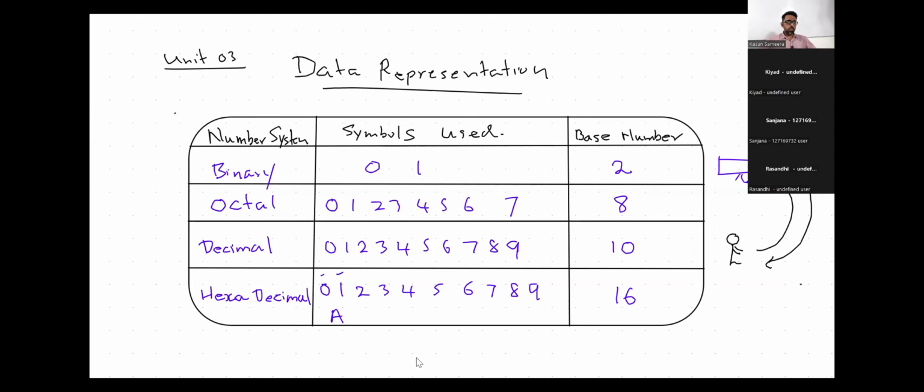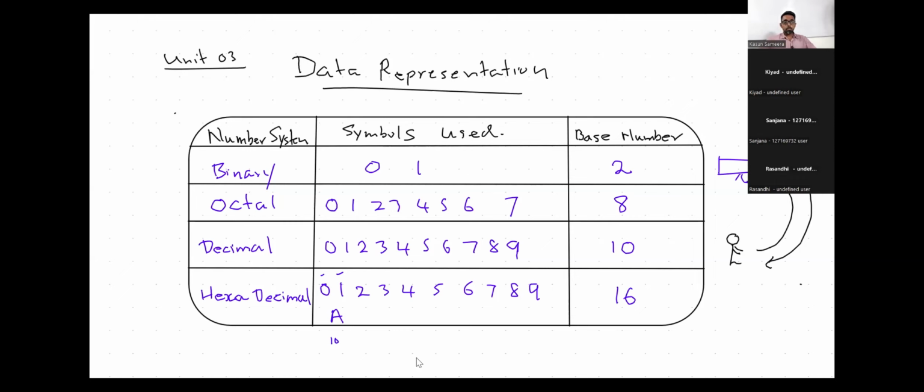A represents what? Yes, number 10. A represents the next number, which is 10, but we can't write 1 0. It should be a different symbol. That is why they introduced a symbol called A, because everybody is familiar with the English alphabet. It's easier to use A, B, C, D rather than a completely different symbol.